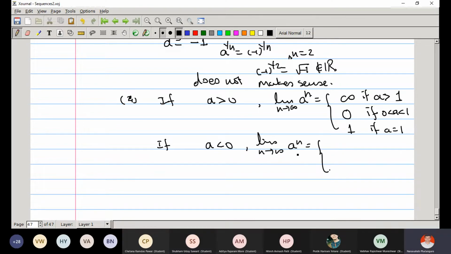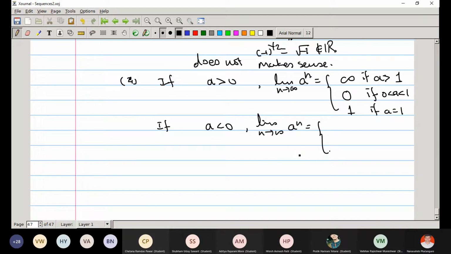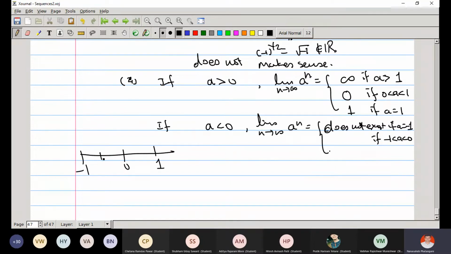What about negative? It does not exist if a is equal to -1, but if -1 is less than a less than 0, that means if a is between -1 and 0, then what is the limit?